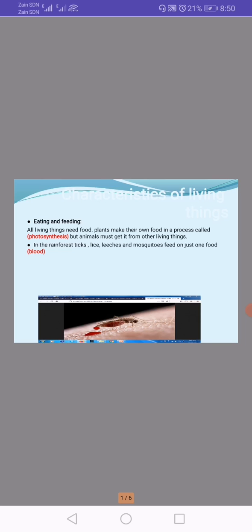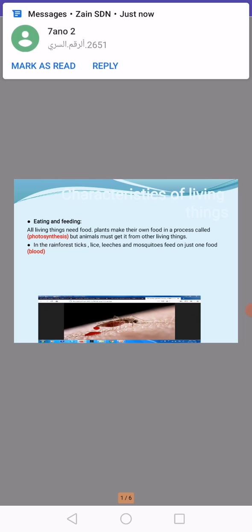So eating and feeding, this is the first one. All living things need food. Plants make their own food in a process called photosynthesis. But animals must get food from other living things, and we have three different types of eaters.